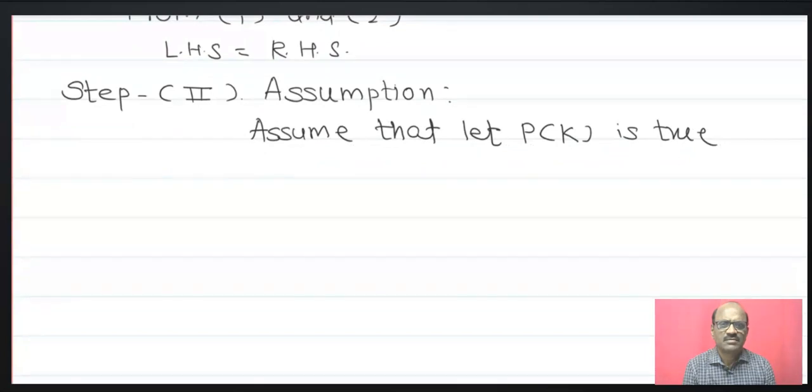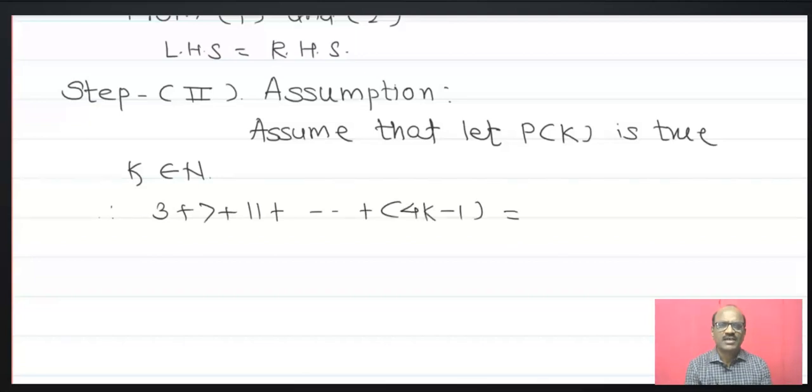Therefore, P of k is true. That is, for k belongs to the set of natural numbers, 3 plus 7 plus 11 plus ... plus (4k minus 1) is equal to k(2k plus 1). This is 1.